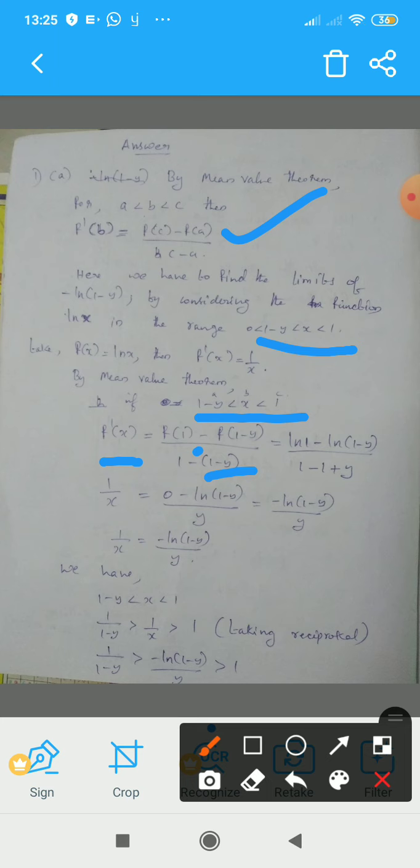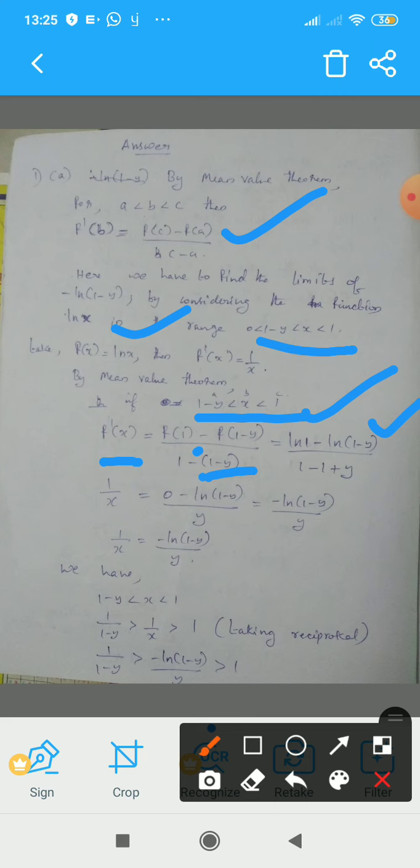So what is f of 1? Here f of x is equal to log x, so f of 1 is log 1. And f of 1 minus y is log of 1 minus y, which is whole divided by the denominator. Then we have to open this bracket, multiplying the minus into the bracket.